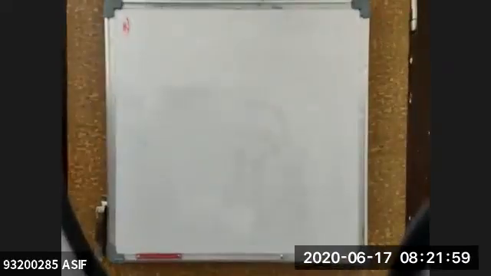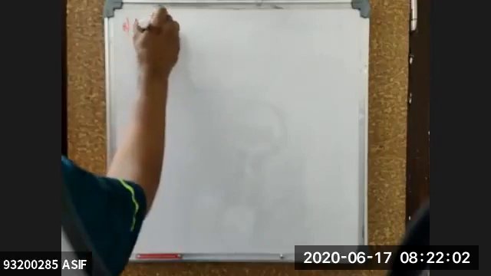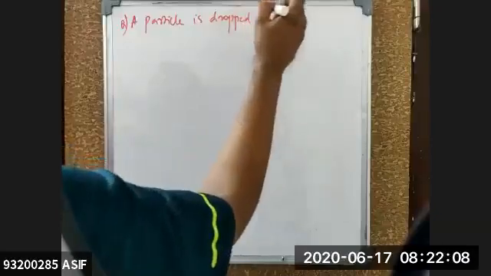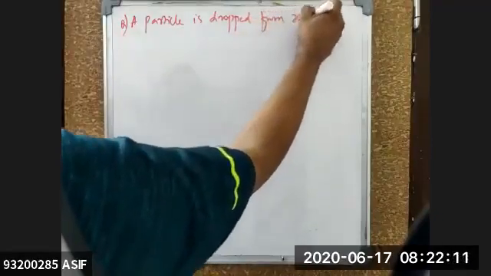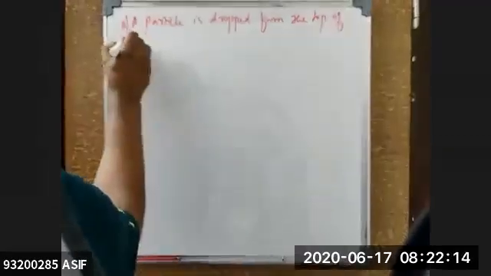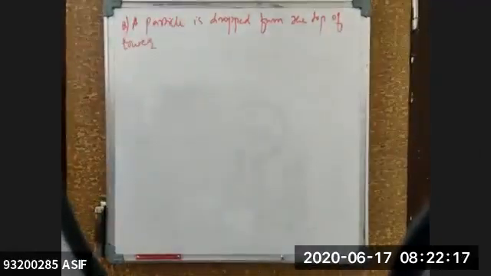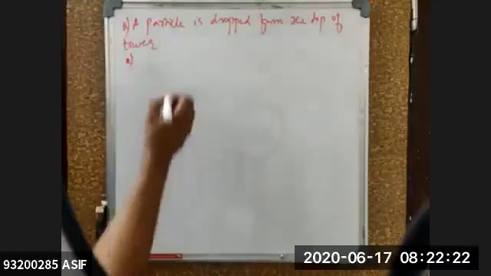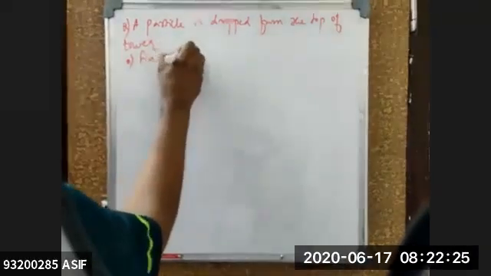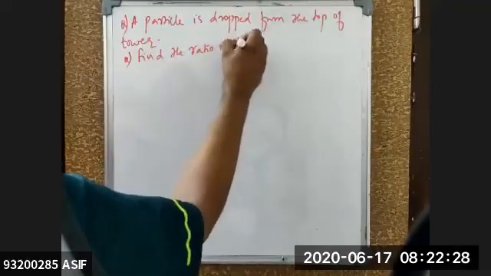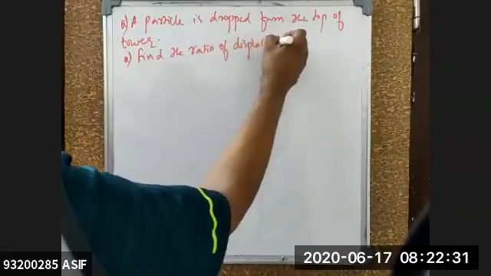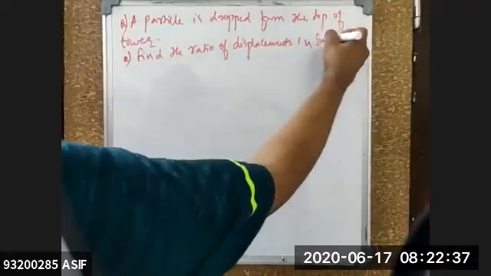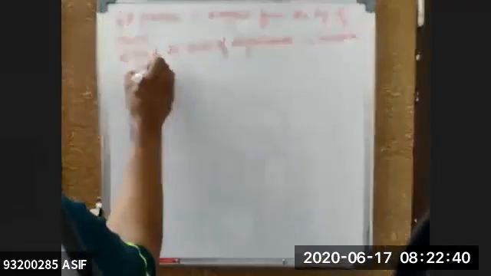So the next question. A particle is dropped from the top of a tower. Question A: find the ratio of displacements in successive time intervals.